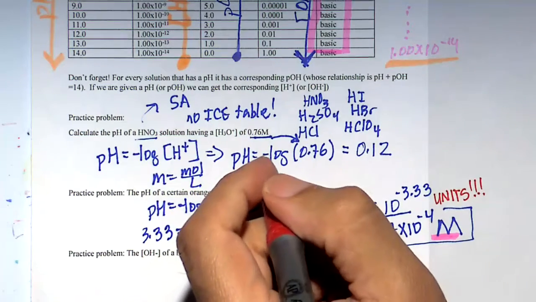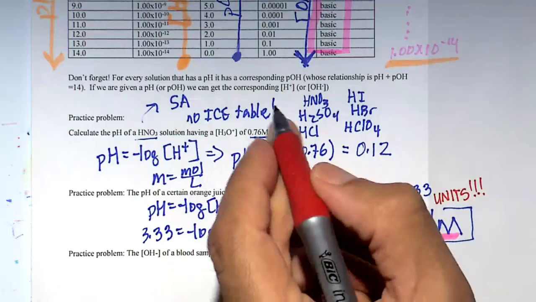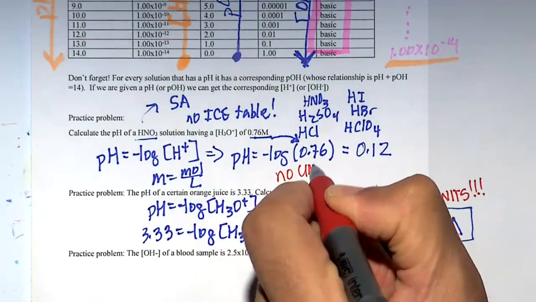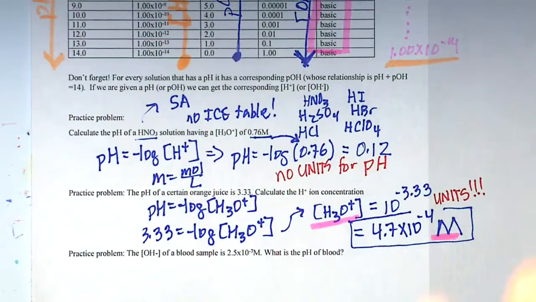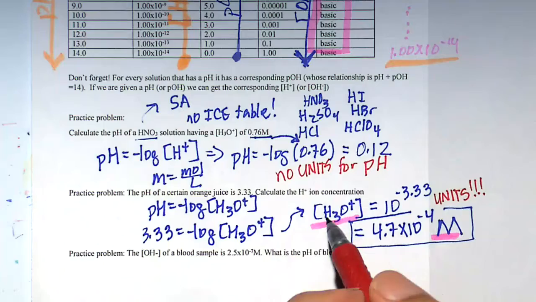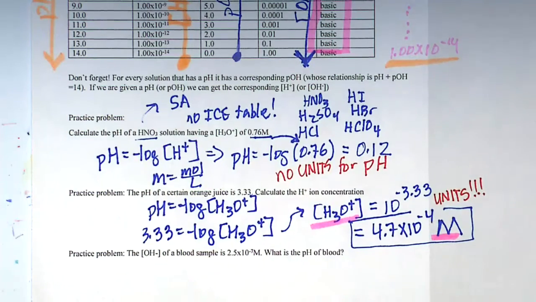And here, for pH, no units. It's a scale, and it's a unitless dimension. Concentration has units, big M, moles over a liter.